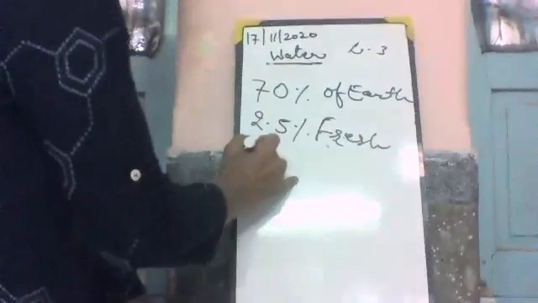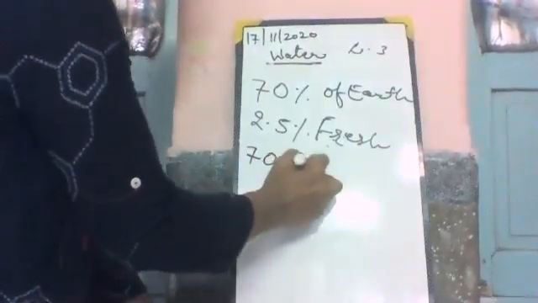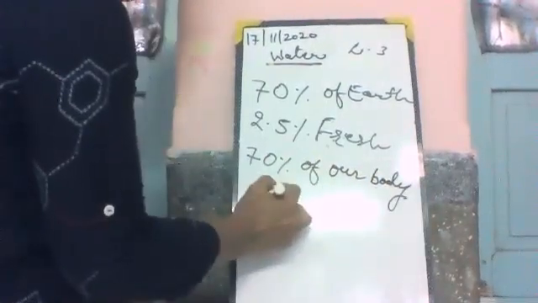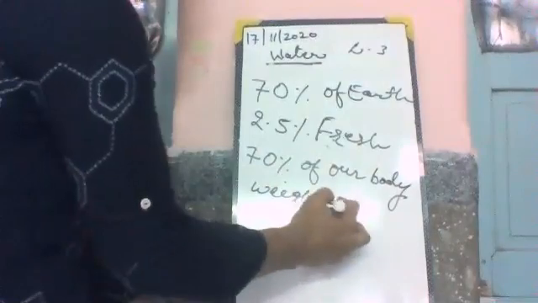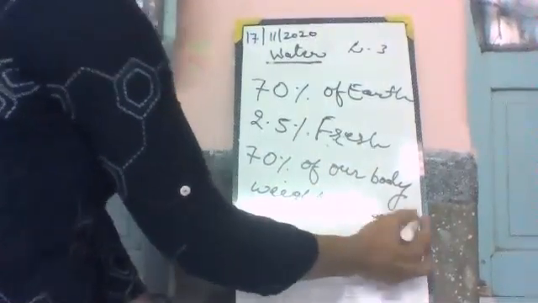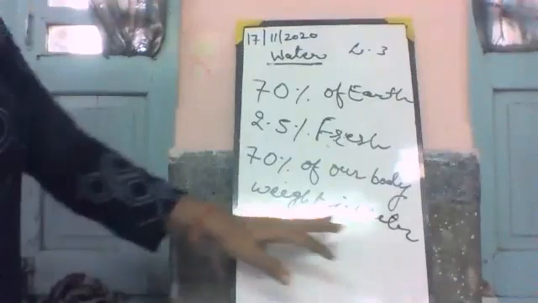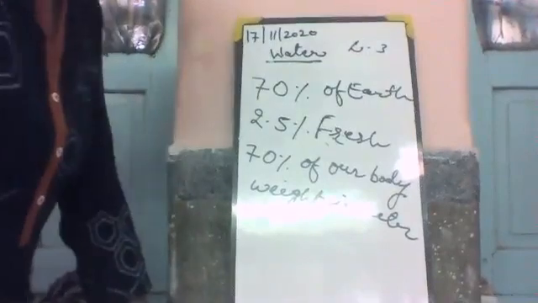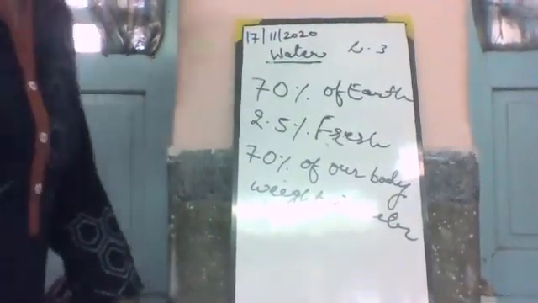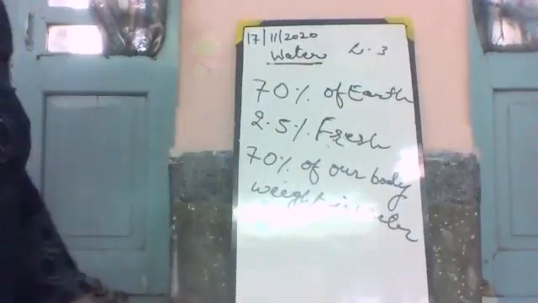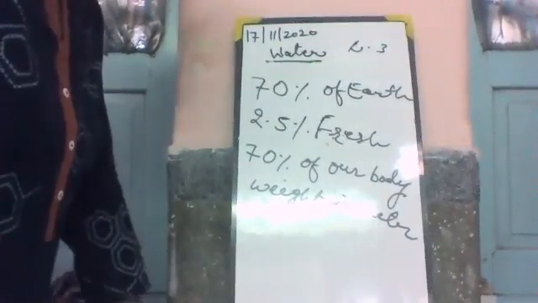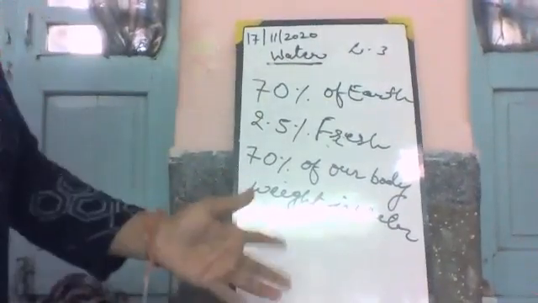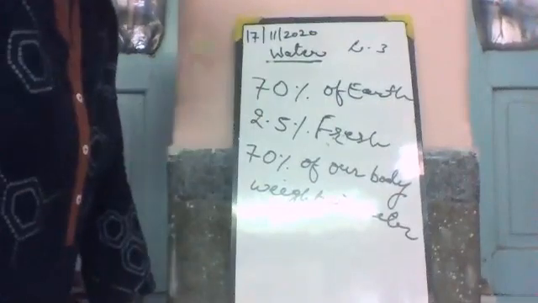In our body, 70% of body weight is water. If anyone has 30 kg weight, it means 21 kg is water. Water is not in pure form, it is included in solutions, cell shape and other things.